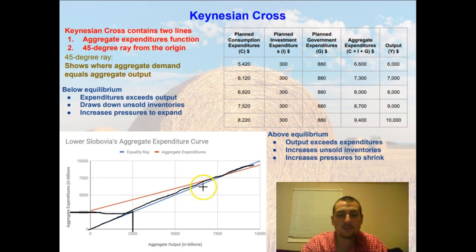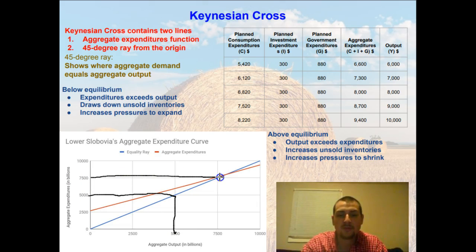Actually, I drew that backwards, but it still holds true with what I said. So right here, we find the aggregate expenditures is equal to 5,000, and that aggregate output is equal to 5,000 as well. If we come up here, the aggregate expenditure is equal to 7,500, and aggregate output is equal to 7,500 as well.